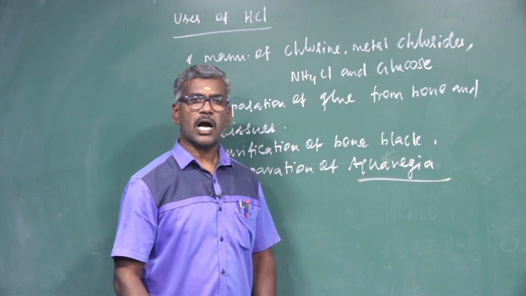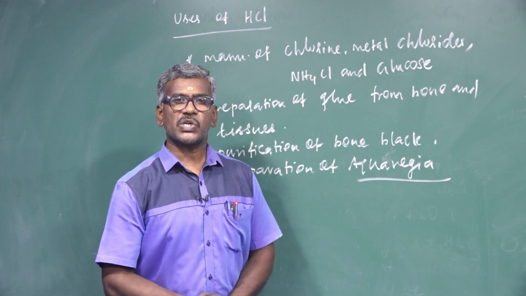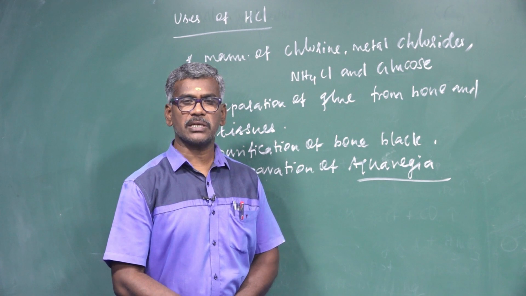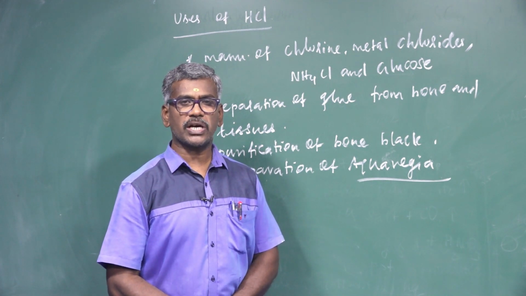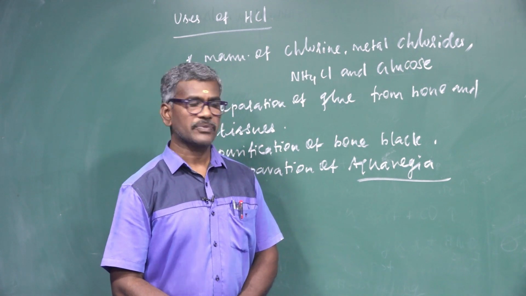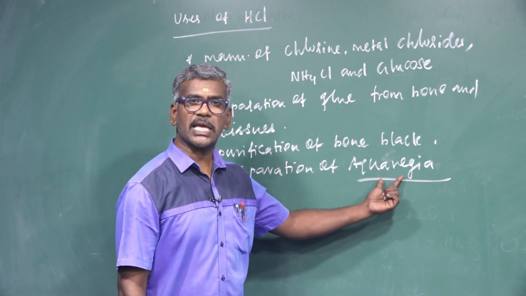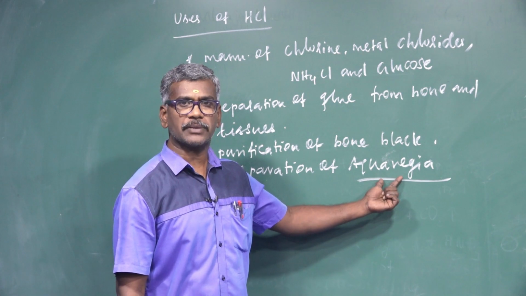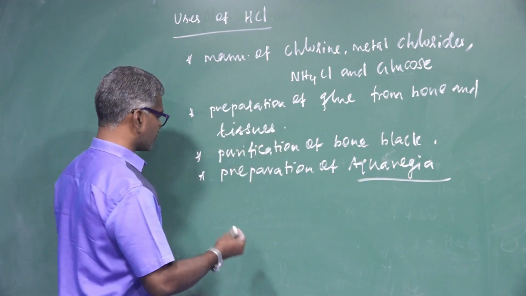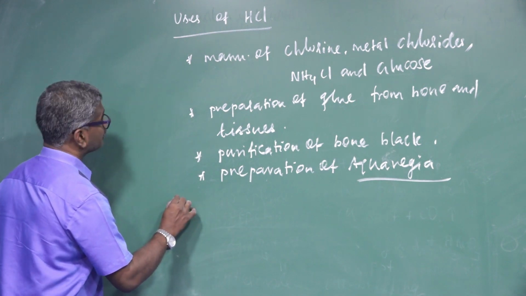You know that aqua regia is nothing but a mixture of concentrated hydrochloric acid and concentrated nitric acid. The ratio is 3:1. It reacts with Au to form AuCl3. Aqua regia has a special character: it reacts with gold and platinum. These are the uses for HCl. Another one, uses for HBr.